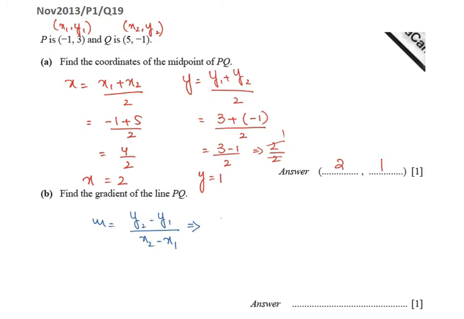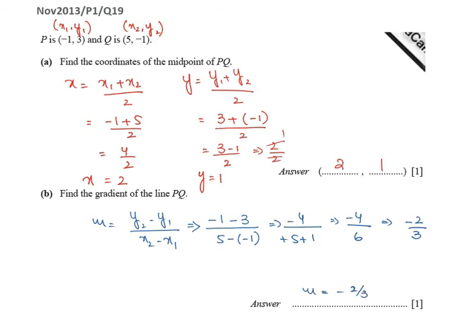So it's (-1 minus 3) divided by (5 minus -1). Now it's -4 upon, minus minus is plus, 5 plus 1. So it's -4 upon 6, and if we cancel it with the table of 2, it will be -2 upon 3. So the value of the gradient is -2 upon 3.